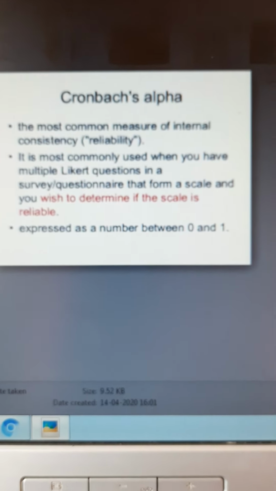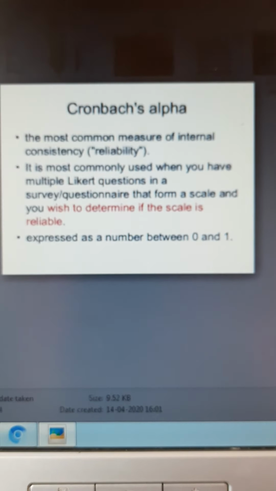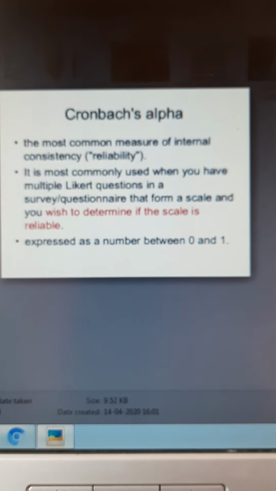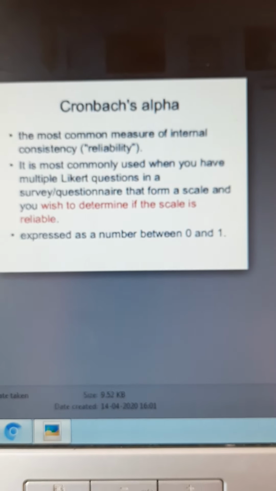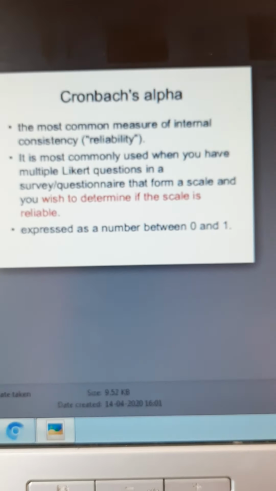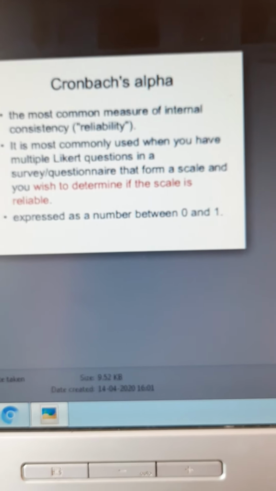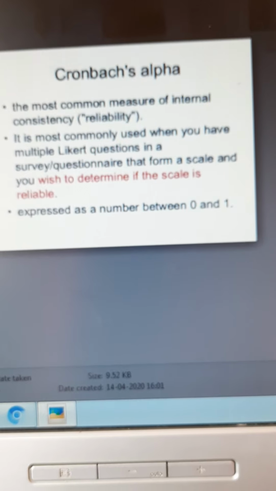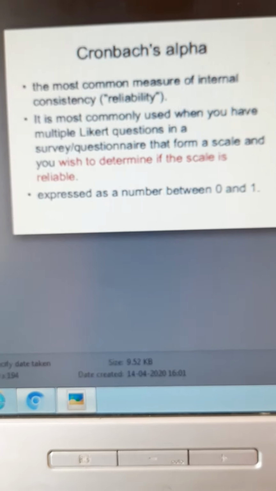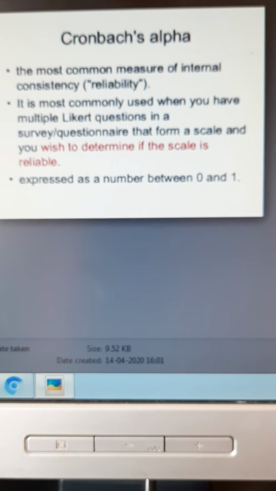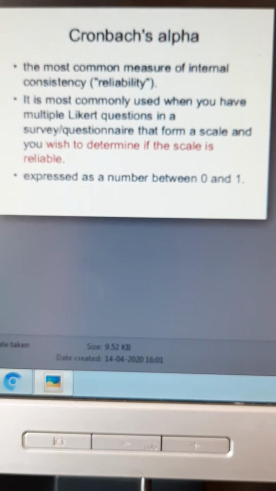How this reliability, Cronbach alpha, is done is, each of the sentences, in other words called items, in the questionnaire, there is an inter-item correlation. Okay, inter-item, the computer does it. If there are 8 questions, 8 into 8 times.